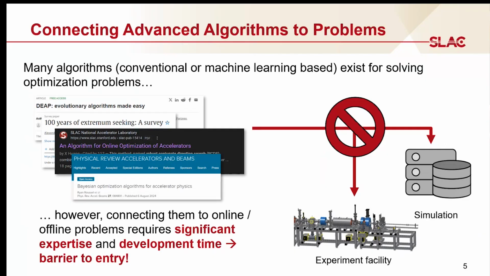For example, a very popular one in the accelerator physics field is Bayesian optimization. Connecting these algorithms to the optimization problem that you're trying to solve is challenging, because each different optimization algorithm has its own interface, and each problem has its own interface. Connecting the two together is a barrier towards doing frequent optimization and leveraging all the advances that we've made in machine learning-based optimization algorithms.